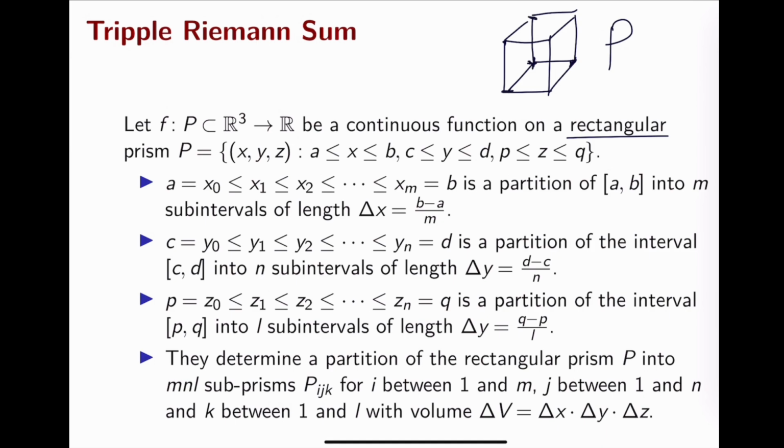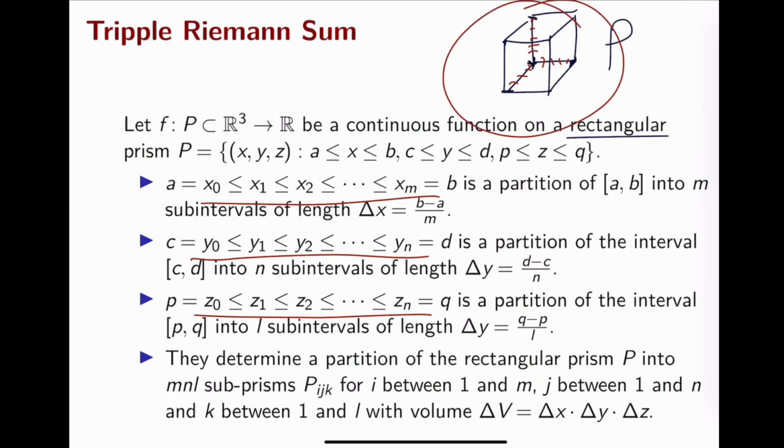And we can generalize the idea that we use for rectangles to a rectangular prism like this. We are going to do a subdivision first for the x interval, a subdivision for the y interval, and now a subdivision for the z interval too. Then the 3 together are going to determine a partition of the whole prism.